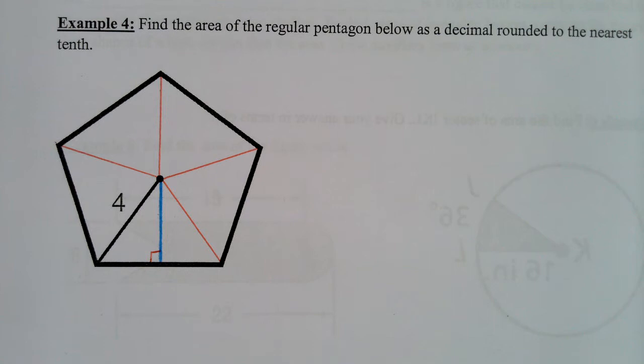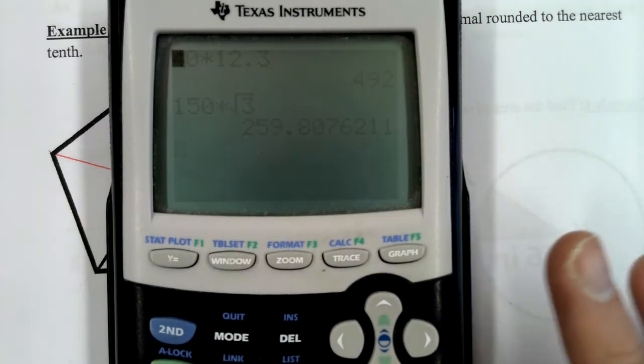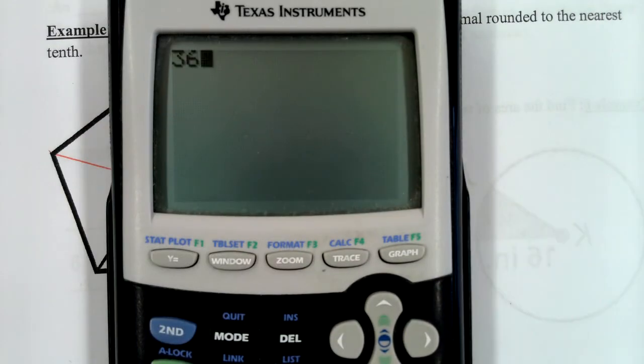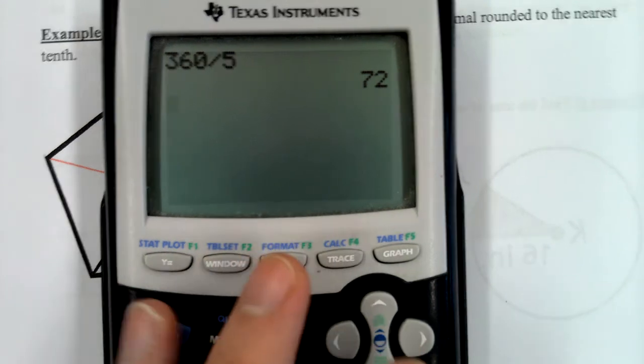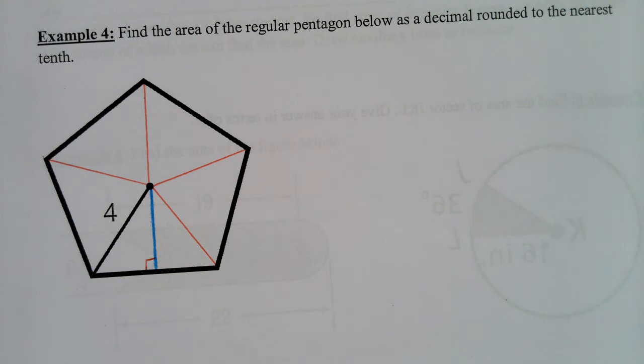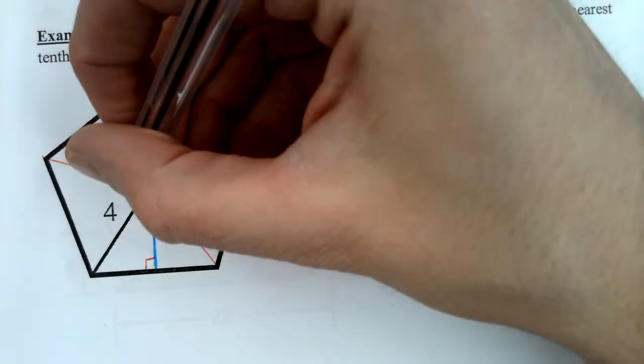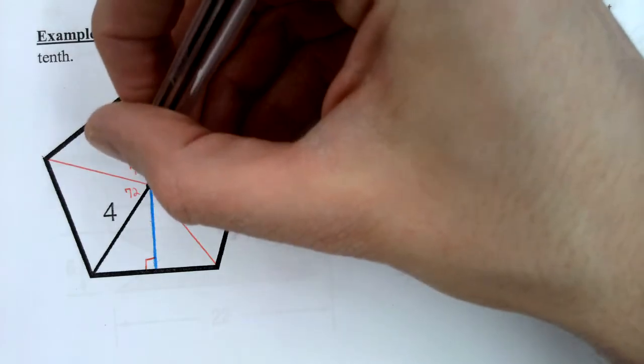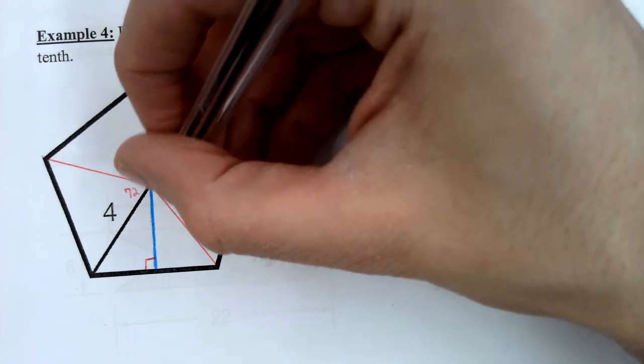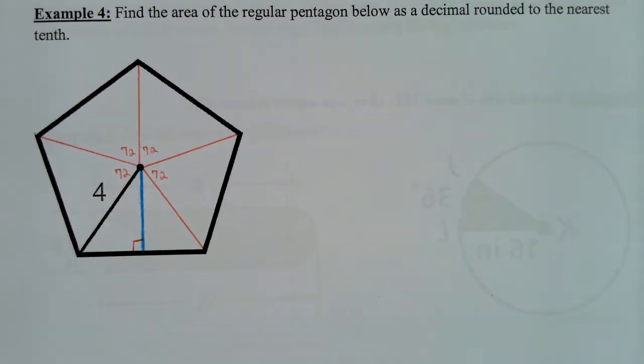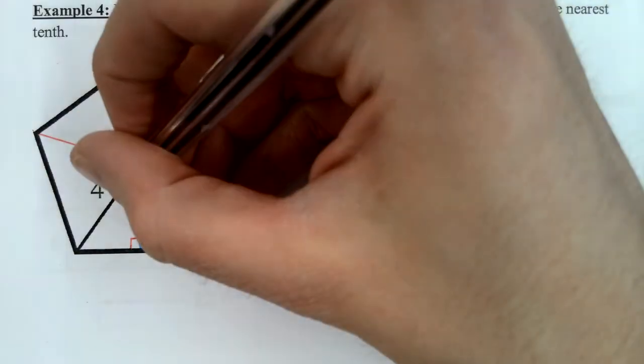It's a pentagon, so there's 5 central angles. So you're going to do 360 divided by 5. Each central angle is 72 degrees. You may have that memorized by now, but you just do 360 divided by 5. Each central angle is 72. 72, 72, 72, 72. And remember, the apothem bisects the other central angle, so 36 and 36.